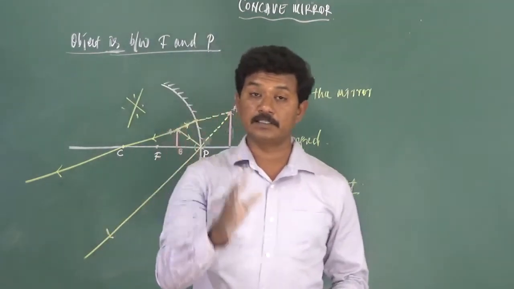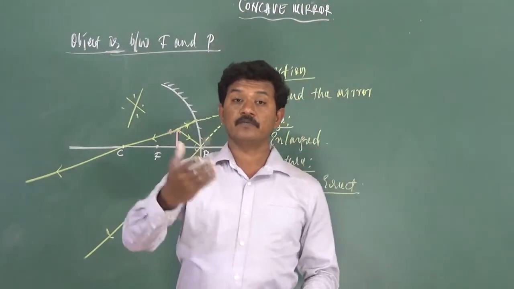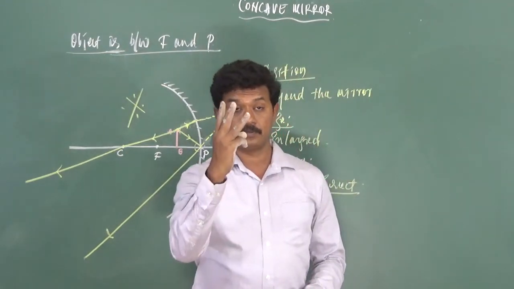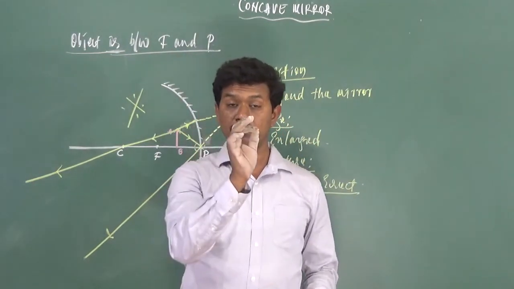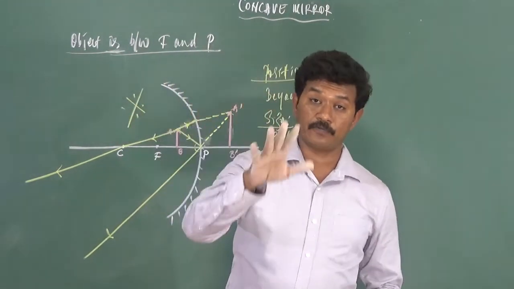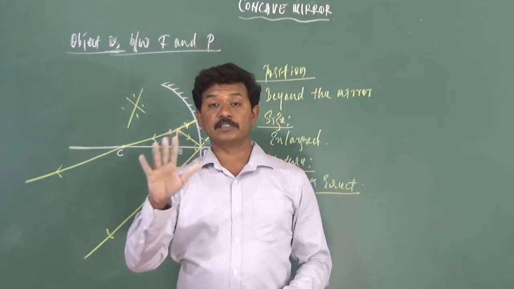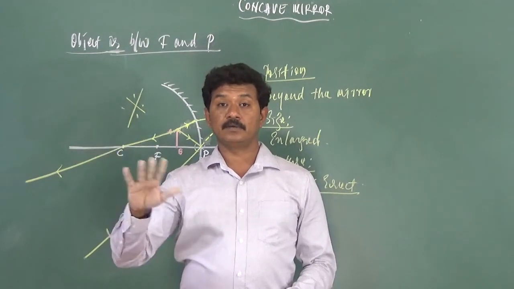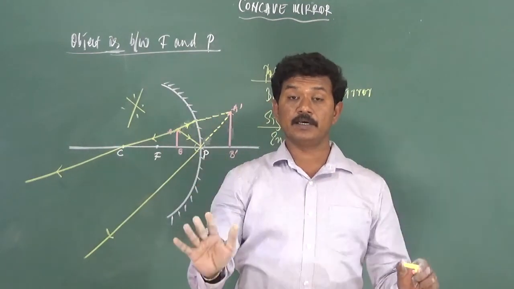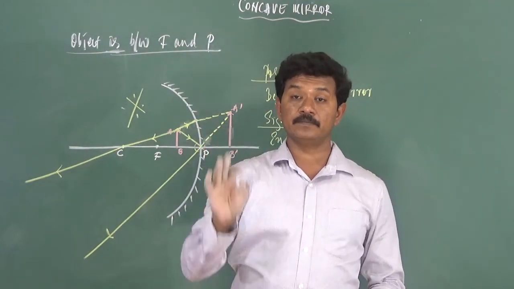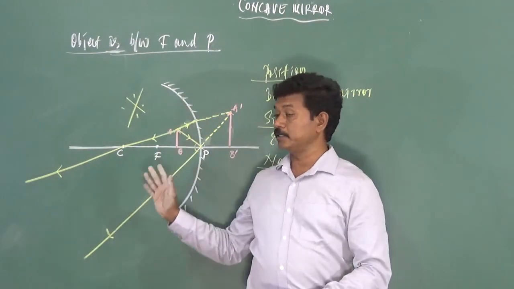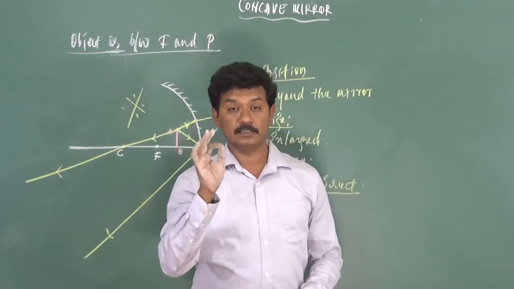You have to practice them, because a question will be asked in your examination for 3 marks: Draw a ray diagram of a concave mirror when the object is placed at F. Write the nature, size and position of the image. You have to draw the ray diagrams and then mention the nature, size and position. You have to practice all the 6 ray diagrams.